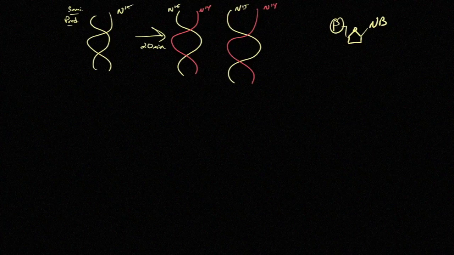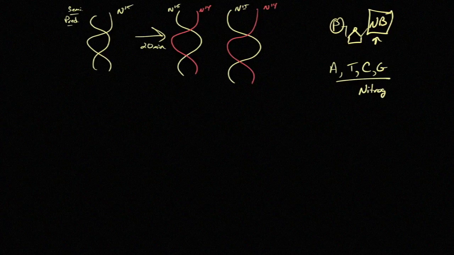Nitrogenous base. This is your nitrogenous base here. But the nitrogenous bases, C, G, A, T, all of them have what? They all have nitrogen in them. I'm not going to draw the bases out, but just know that they have nitrogen in them, okay? That's where your nitrogen is.